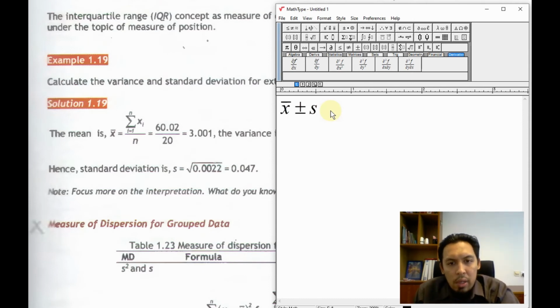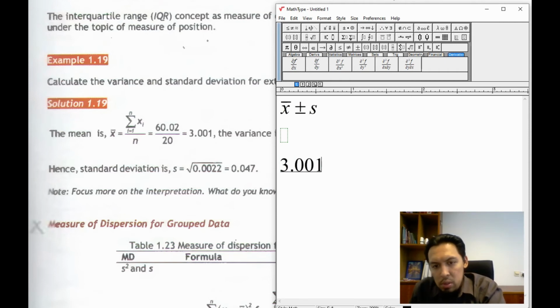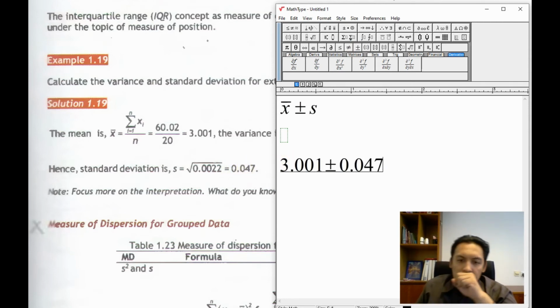In statistics, this is how you use it. You use MCT and MD together. So this is how you write it down. You have mean plus minus standard deviation. So for this case, you have mean of 3.001 plus minus standard deviation of 0.047. What is this?